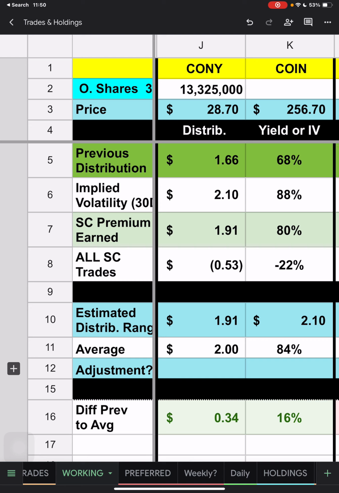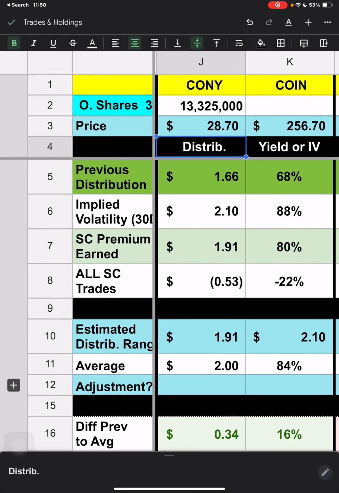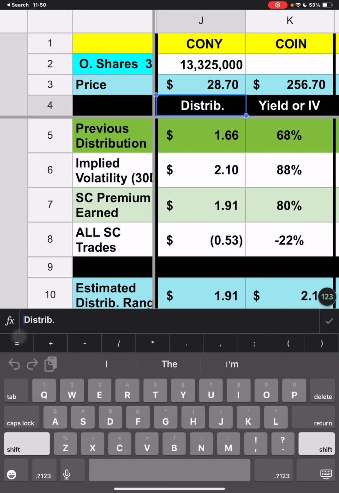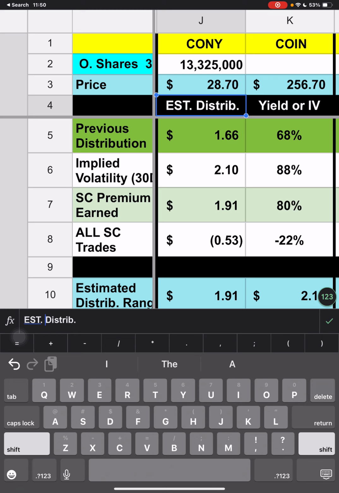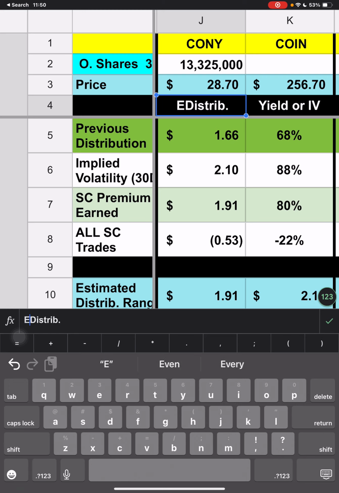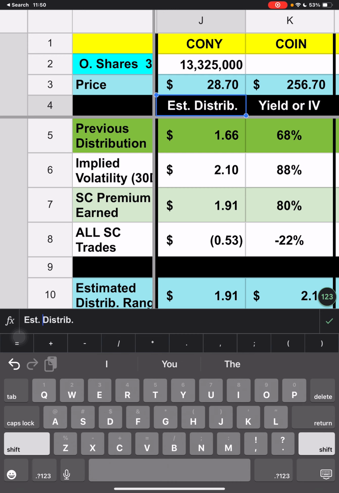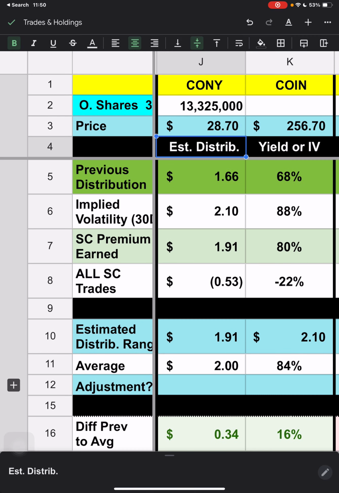So here's another situation. Here we have a previous distribution of $1.66, implied volatility, and estimated distribution. Based off the IV, it would be $2.10.